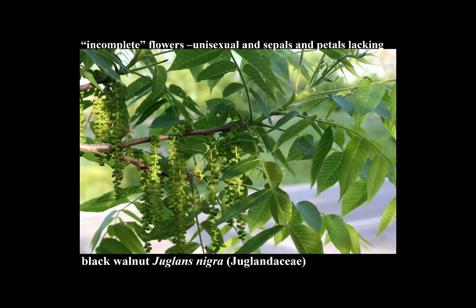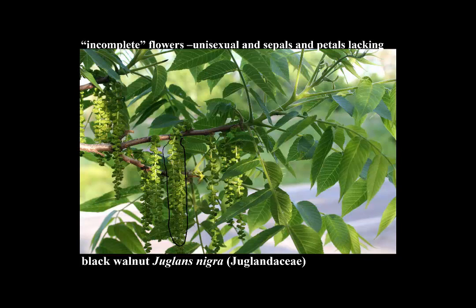And black walnut, like a number of forest trees, including oak and beech and hickories, have their male flowers in what are called catkins.